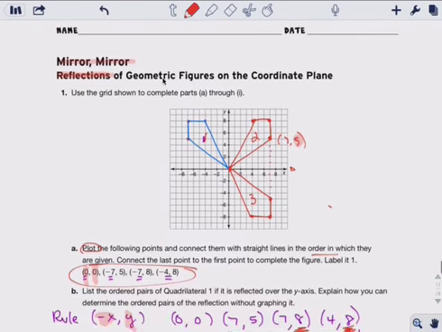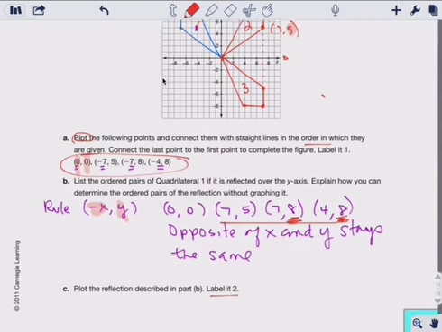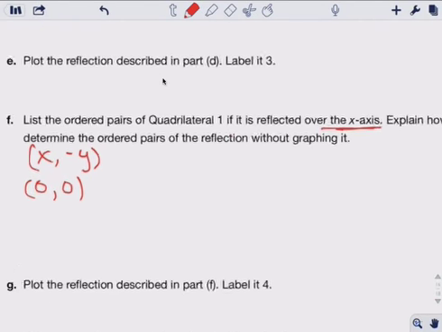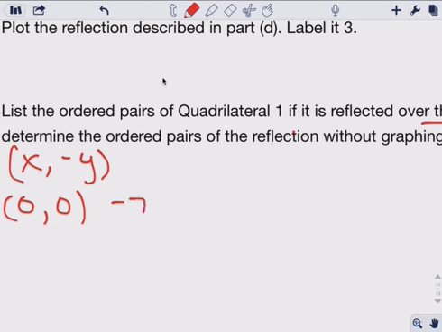The other one, sorry you guys, negative 7, 5, negative 7, 8, negative 7, 5. X stays the same, y becomes its opposite. Negative 7, 8. X stays the same, y becomes its opposite.